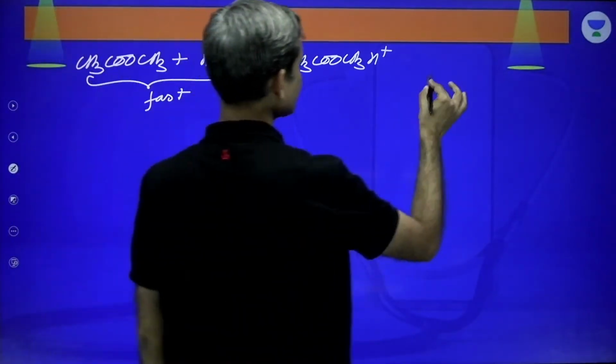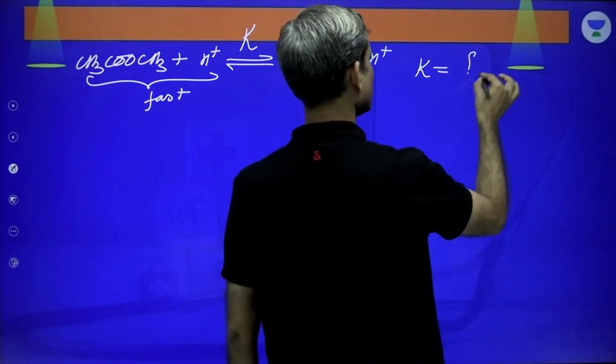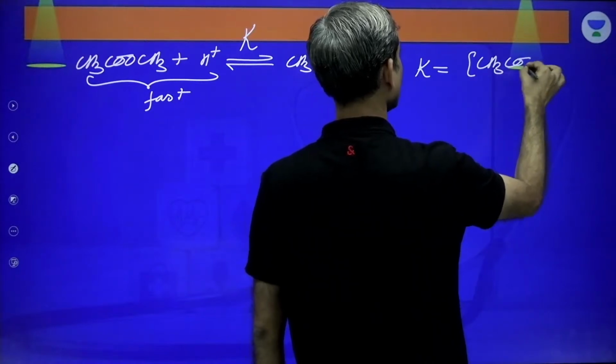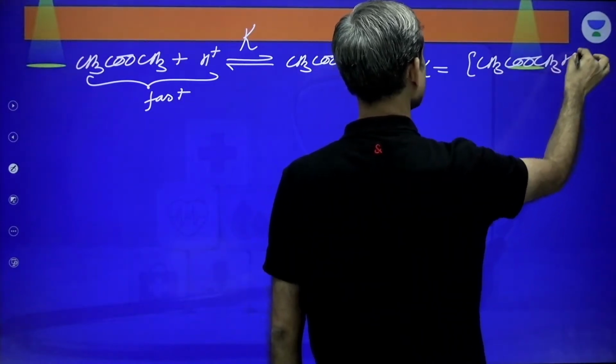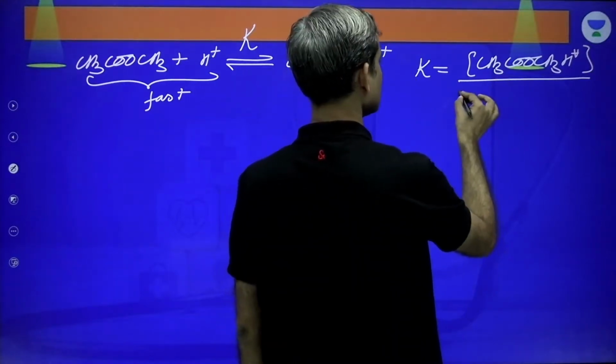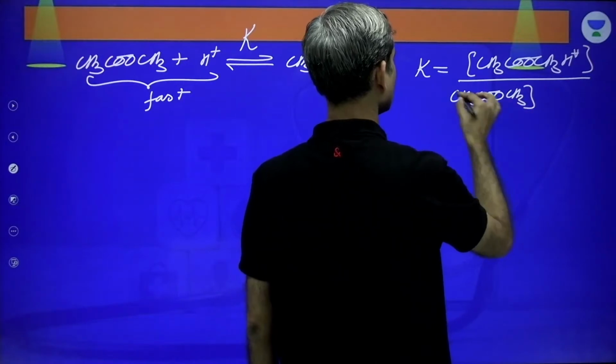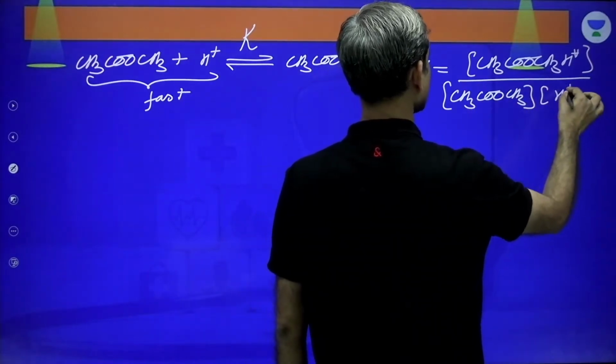Okay. Now what is this K? K would be equal to the concentration of the product CH3COOCH3H plus divided by CH3COOCH3 into the concentration of H plus.